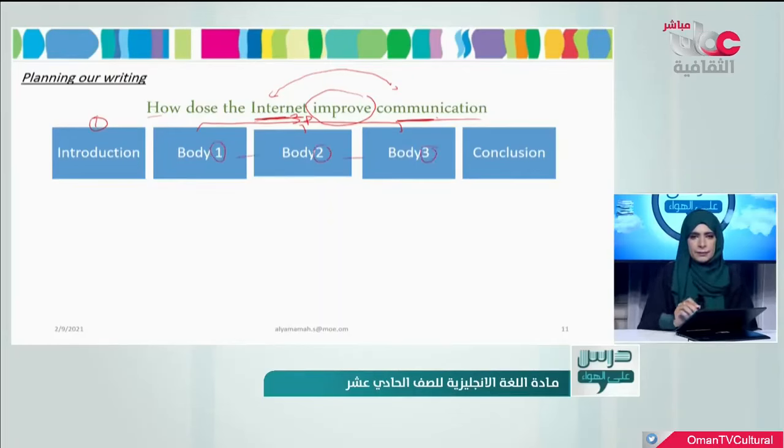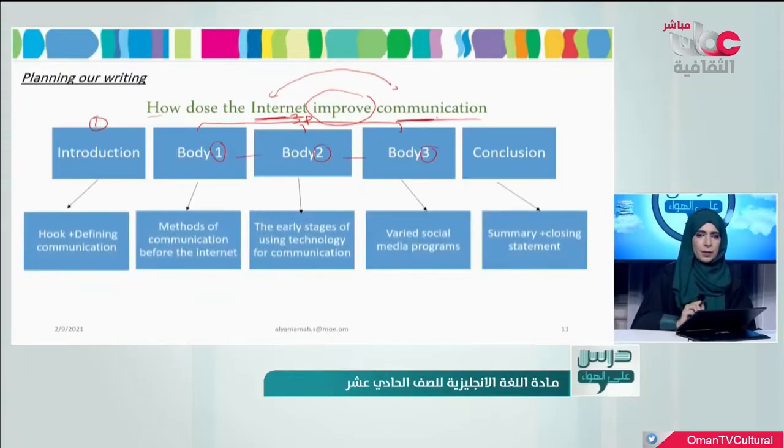And the last paragraph will be the conclusion statement. Let's see. I suggested here some different opinions related to the topic. The introduction should include a hook and a definition, or defining communication.